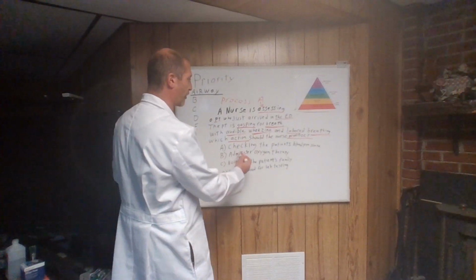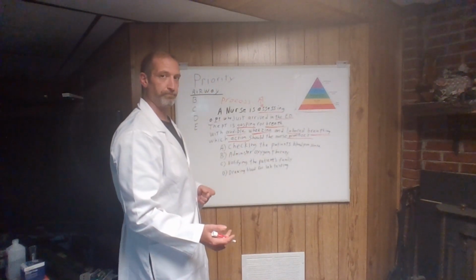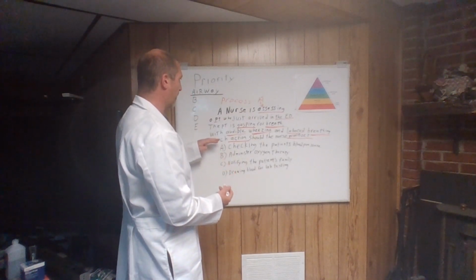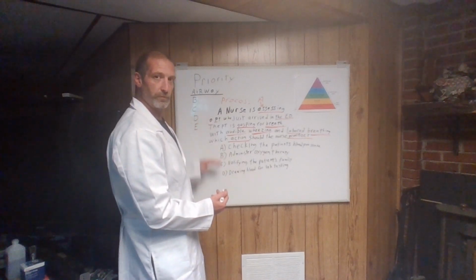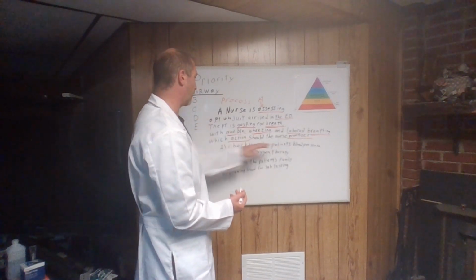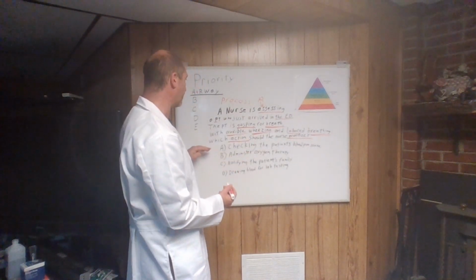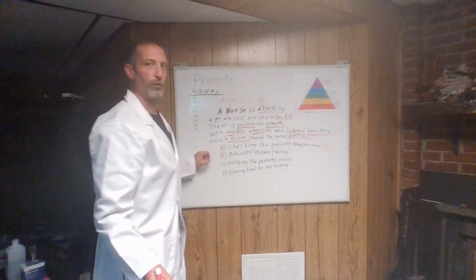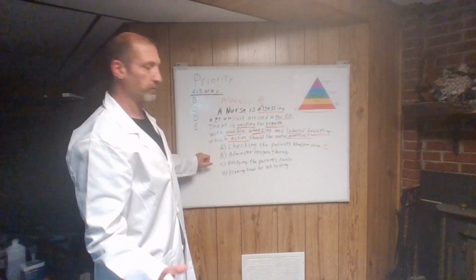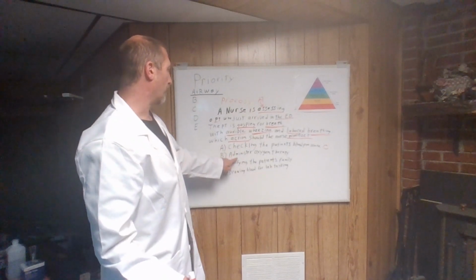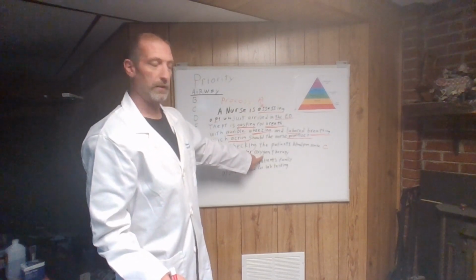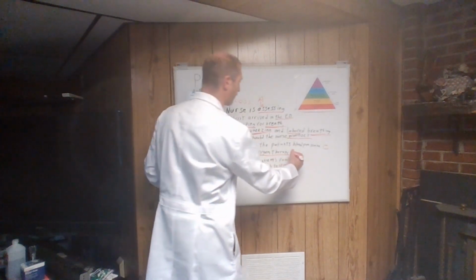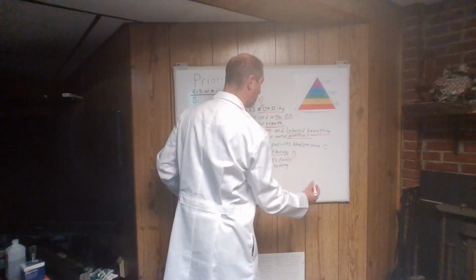A, checking for the patient's blood pressure. First thing you want to ask yourself is, are we in ABCs through here? Where is our answer selection at? Checking for blood pressure, that's looking at a circulatory issue, right? B, administer oxygen therapy. That could be breathing.